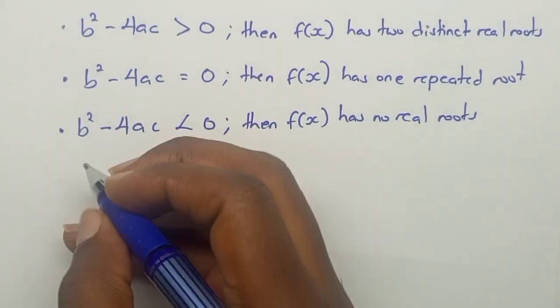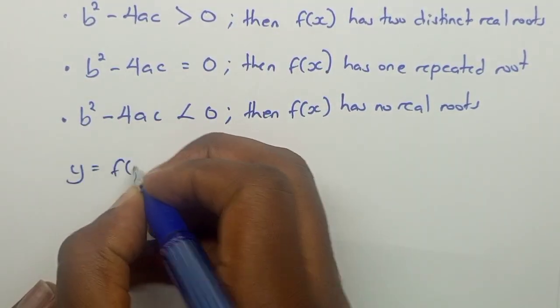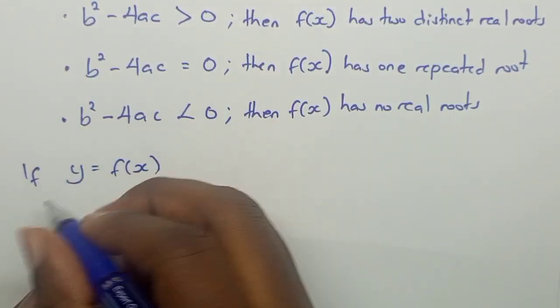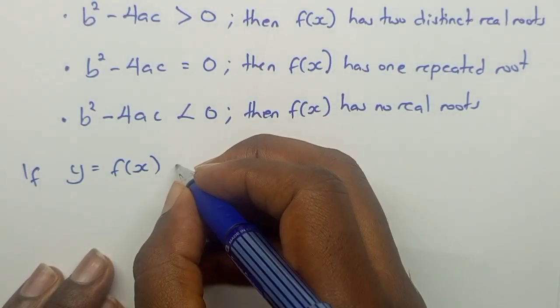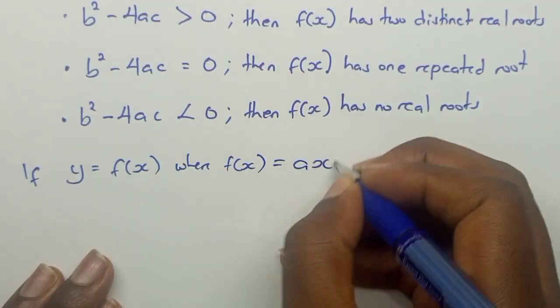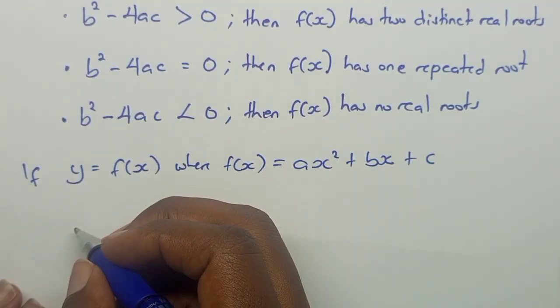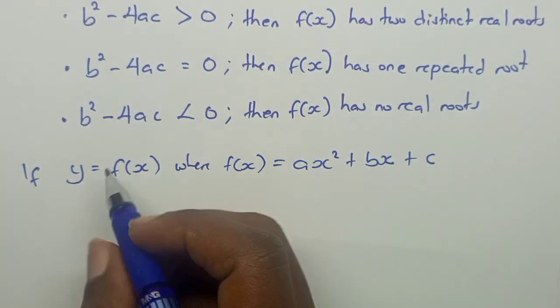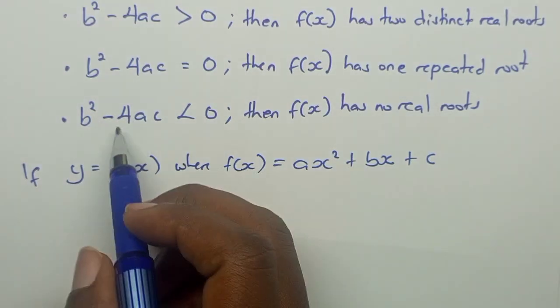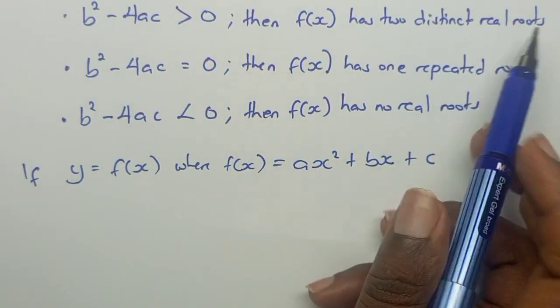So the graphs will look something like this. If you have y equals f of x, where f of x is a quadratic, then if the discriminant is greater than 0, we have two distinct real roots.